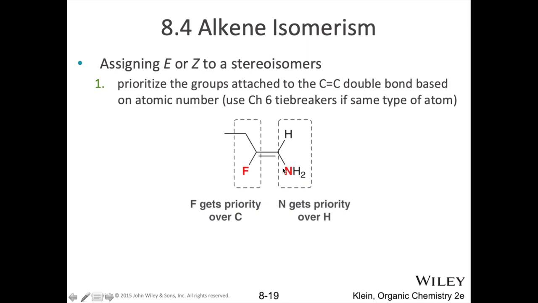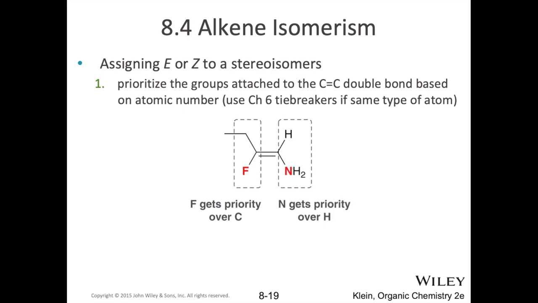Now, do we call this E or Z? They come from German words, and this is going to be kind of silly, but the way to remember which one's which is this has Z notation because they are on the same side. That's one way to remember it if you don't want to remember the German word zusammen.